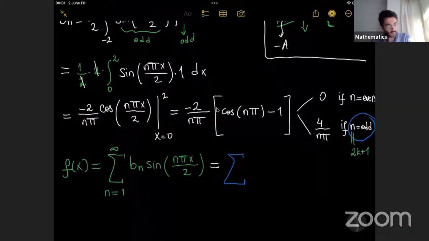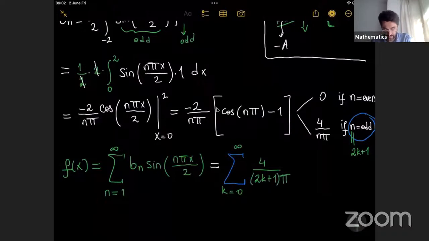Then we have 4 over n, where n is equal to 2k plus 1, and k goes from 0 to infinity. In that case, when k is equal to 0, n is equal to 1, and so on. This part is n, so you multiply it with pi.